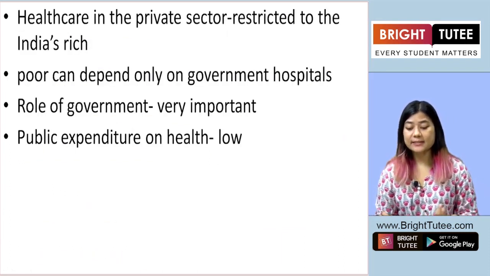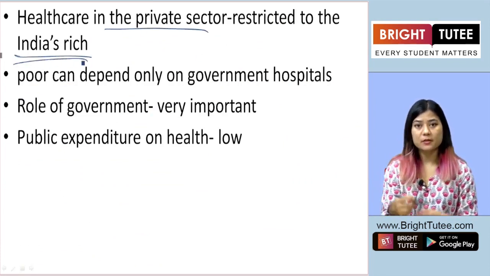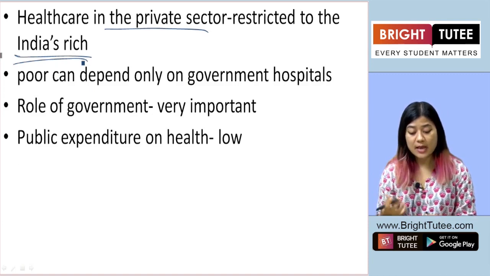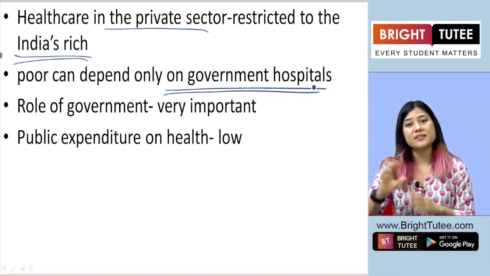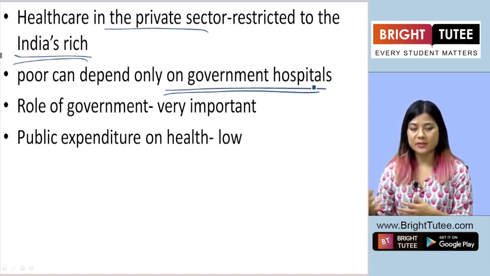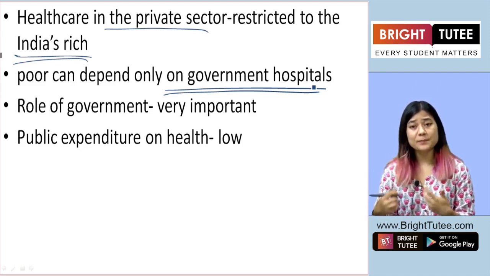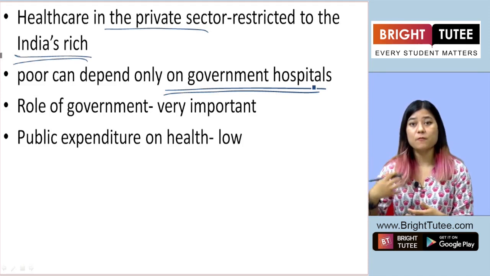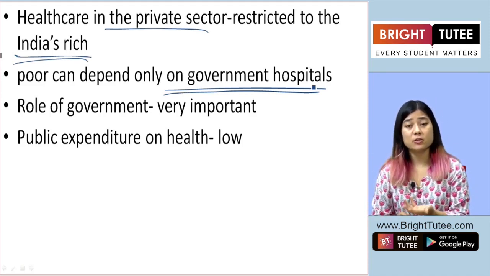Healthcare in the private sector is restricted to the rich and wealthy who can afford it. The poor people have to depend on government hospitals, which are sometimes difficult to access because they are in faraway places. And people cannot easily afford to travel to those government hospitals, even if the hospitals are free.